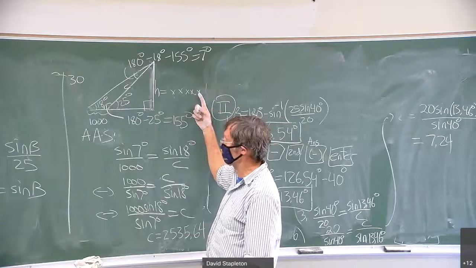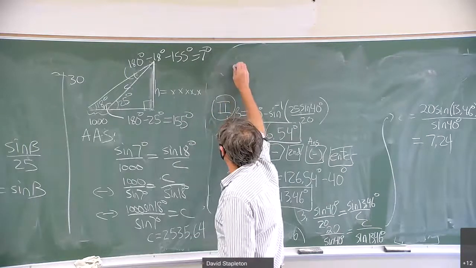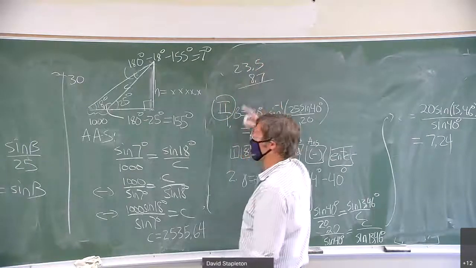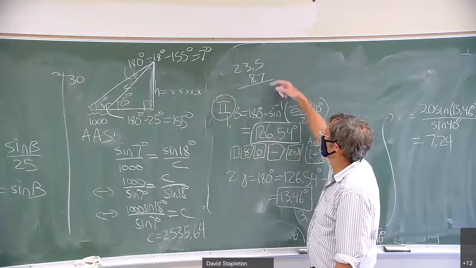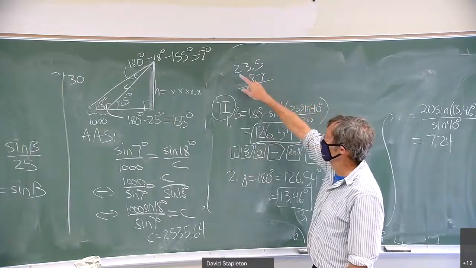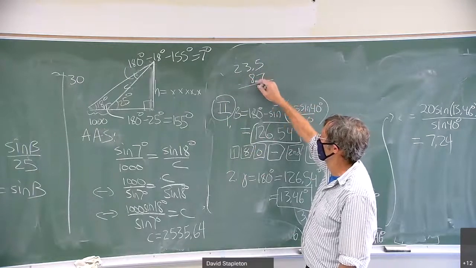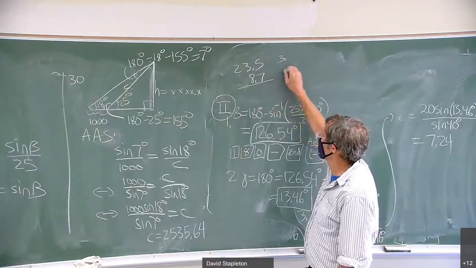Remember how significant digits work? If you multiply two numbers like 23.5 times 8.7, how many digits did you carry in your rounded result? We didn't talk about this much in the semester, right? You count significant digits. You start from the leftmost non-zero digit and you count over till you run out of digits that are significant. 1, 2, 3. So this carries 3 significant digits. This one, however, only carries 2.